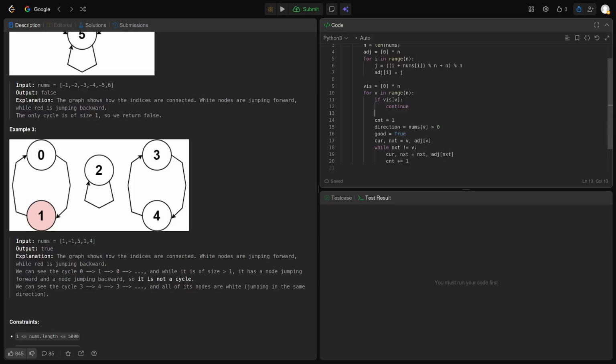I guess we can directly skip self loops because, like that. So we don't want self loops anyway, right?